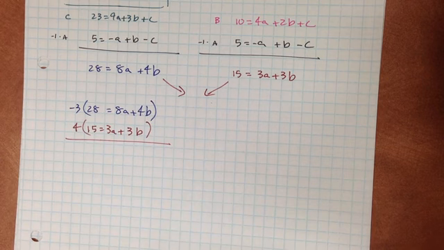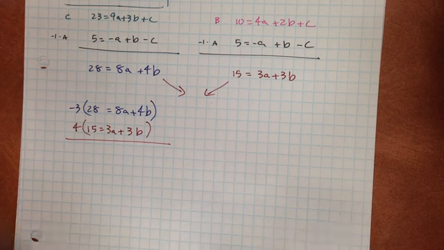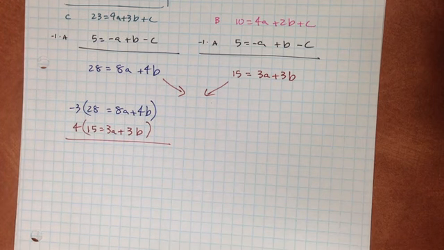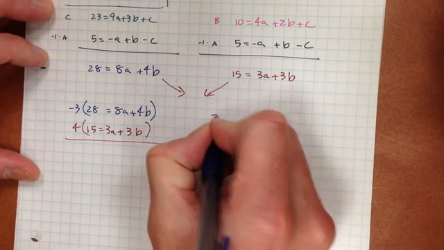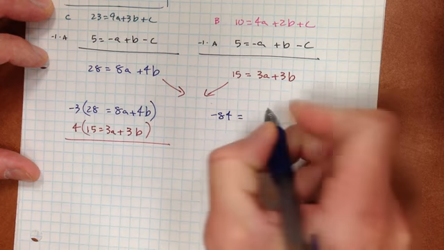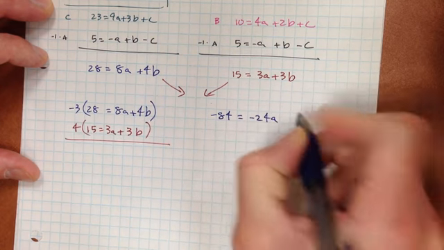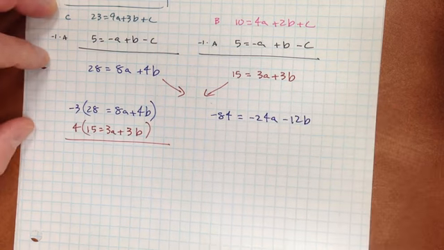So what we get when we do this: 3 times 28 gives me 84, so -84 equals -24a minus 12b.